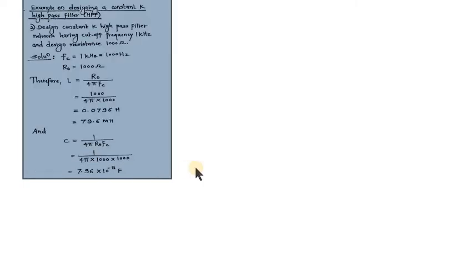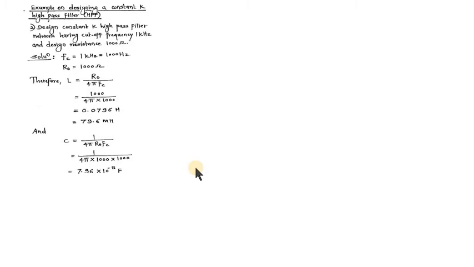Now once we obtain both the values L and C, we are supposed to draw a high pass filter network, both in T symmetrical type and in pi symmetrical type.